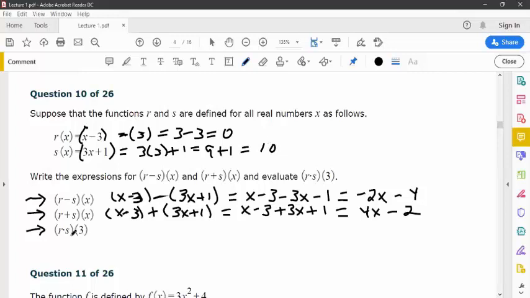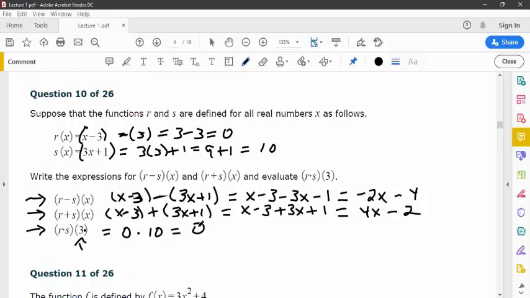So again, I just substituted the given value in for the x's of each function, and now to get the answer, I can simply multiply the two values together. And 0 times anything is 0.